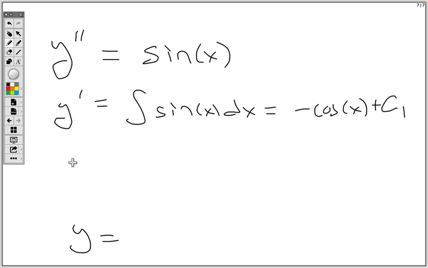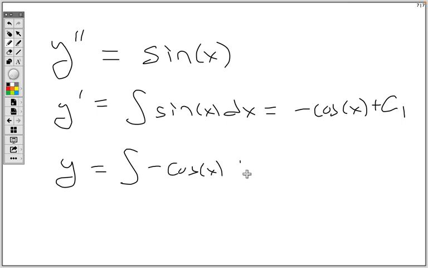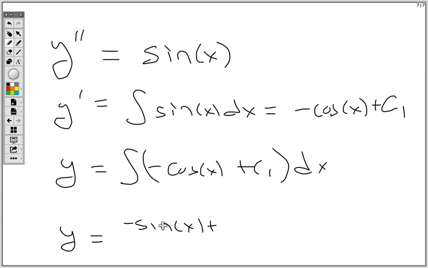And then to get from y prime to y, I would integrate again. So that's the integral of minus cosine of x plus c1 dx. So minus sine x plus c1x.